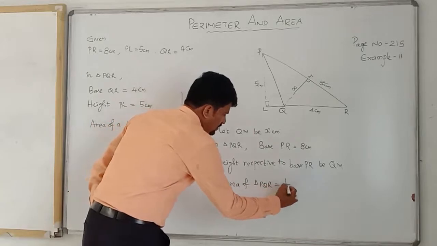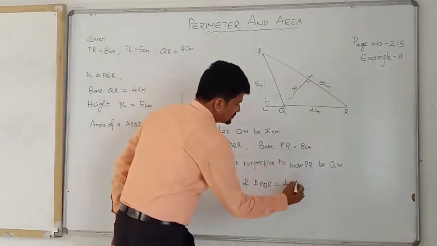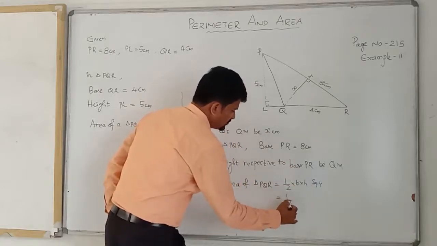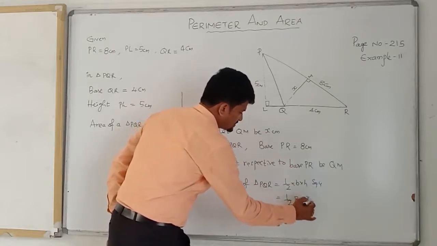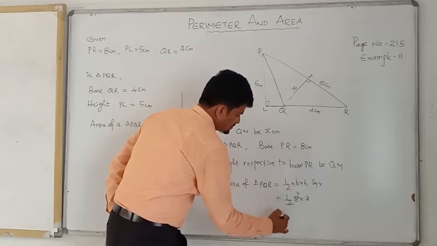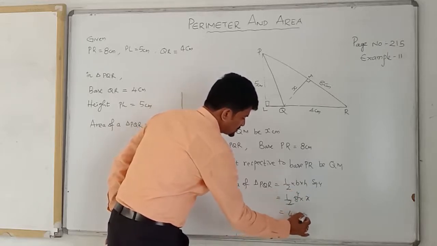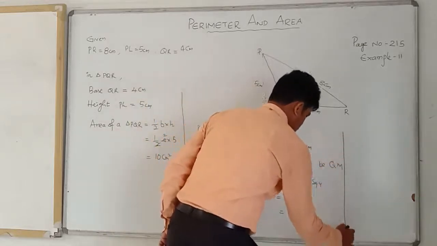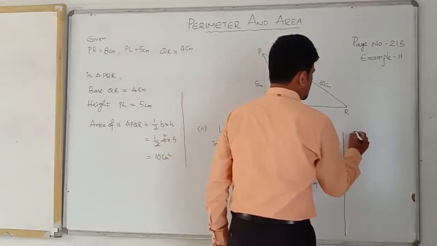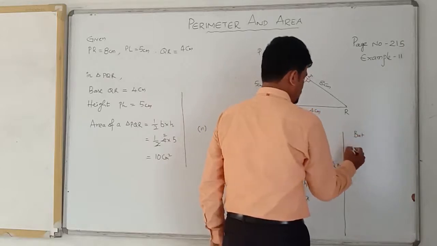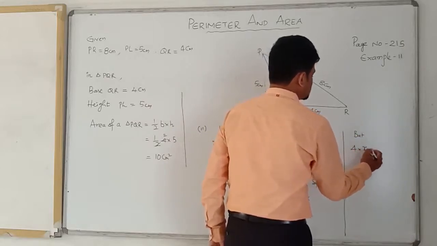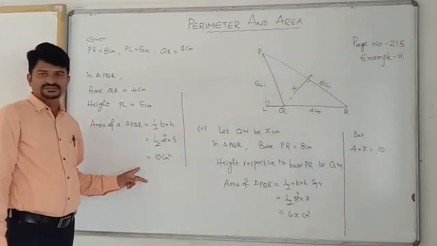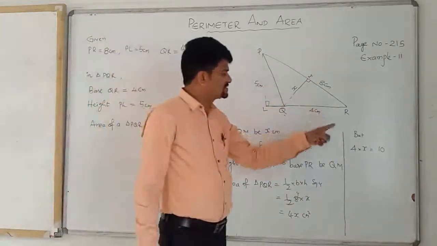Area of triangle PQR is equal to half base into height square units. That implies half, base means 8, into height means x, that implies 4x centimeters square. But we previously got that the area of the triangle is 10 square centimeters.